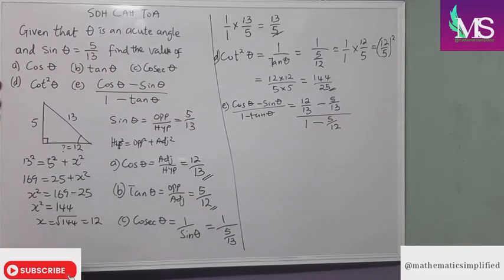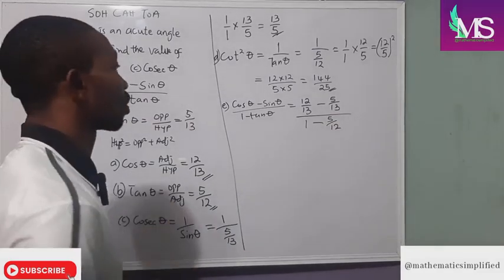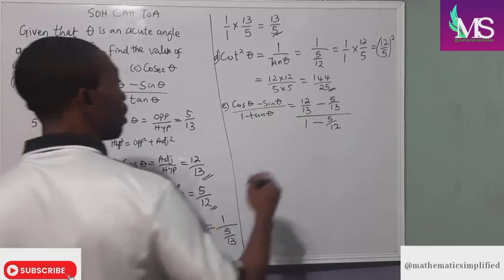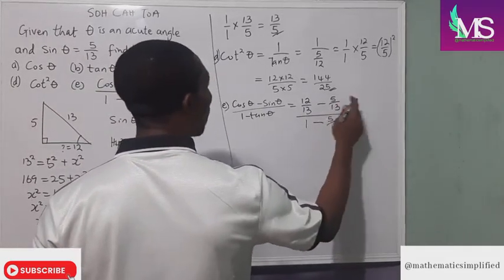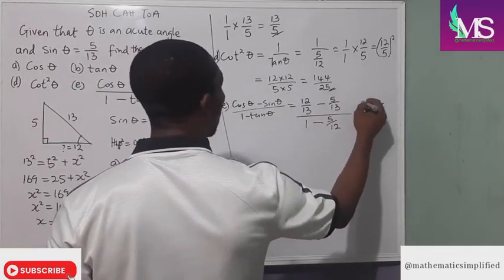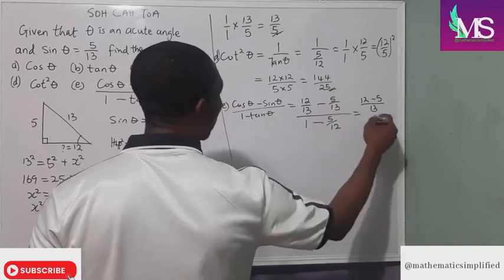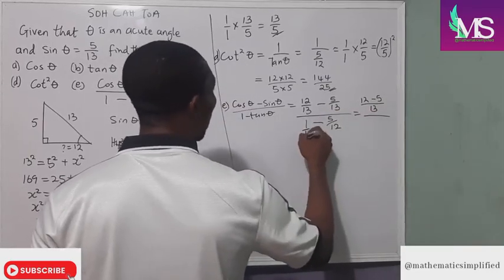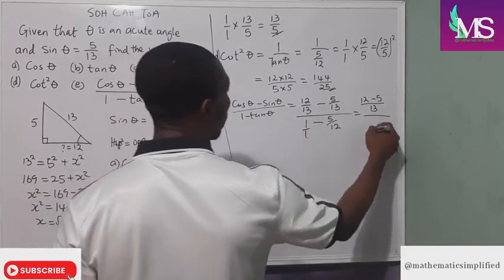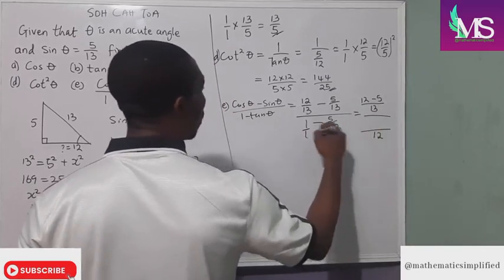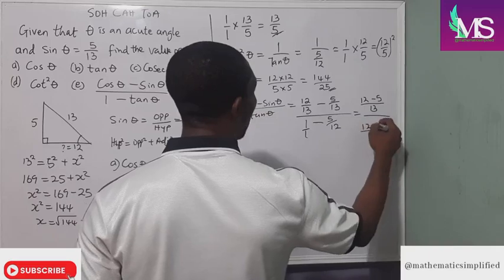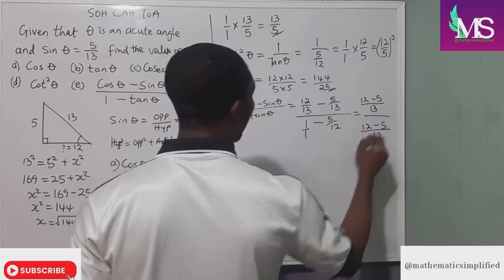Alright, now you can see from here we have fractions. So we can solve out our numerator. Our LCM for our numerator will be 13, giving 12 minus 5 all over 13. Our LCM for our denominator will be 12, giving us 12 minus 5 over 12.